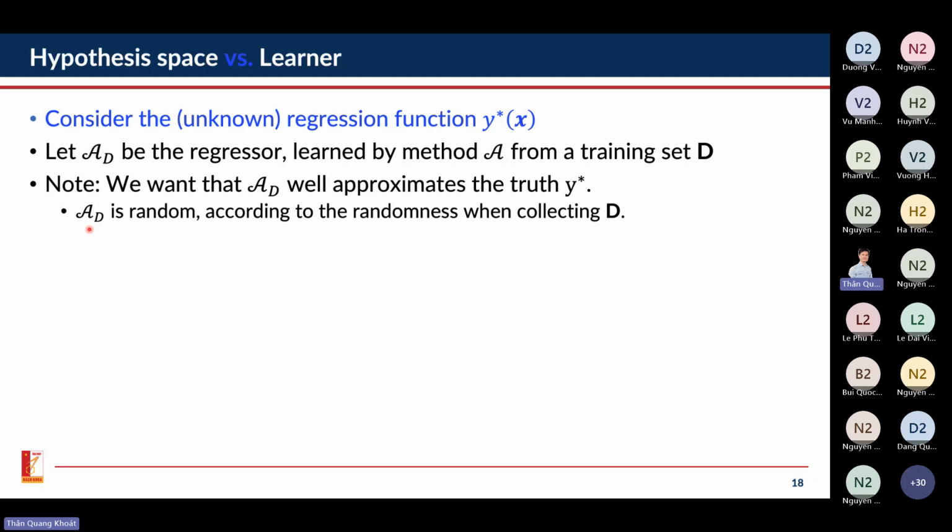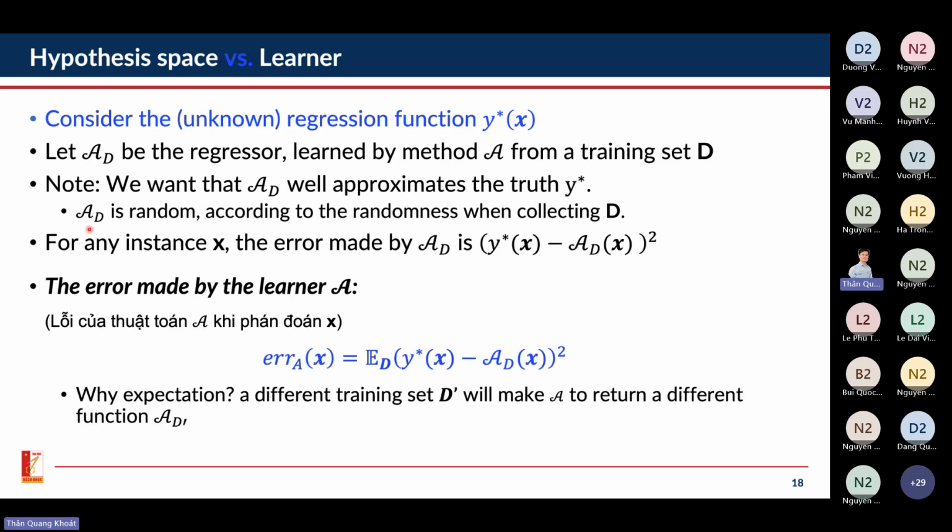When we change the training set, then the trained model, the output, should be different, right? So in order to analyze the errors of a learner, we need to consider these to be random according to the training set. Then we can analyze the error of one prediction. For example, the error can be measured by the square error like this. This is the truth, and this is the prediction.